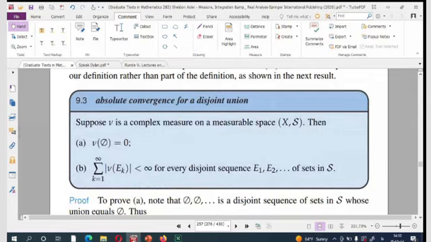Suppose nu is a complex measure on a measurable space (X, S). Then we have these two properties. First, nu of the empty set equals 0.